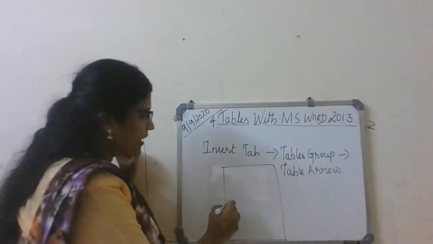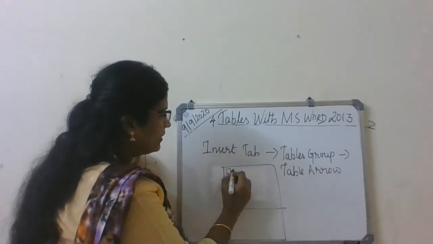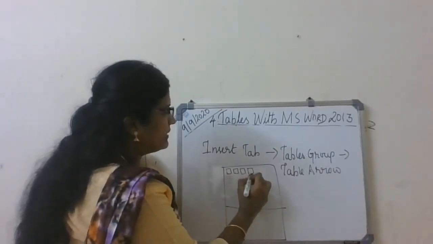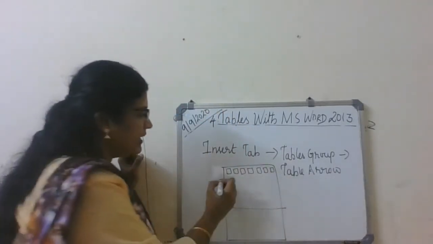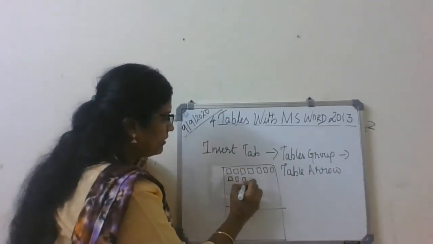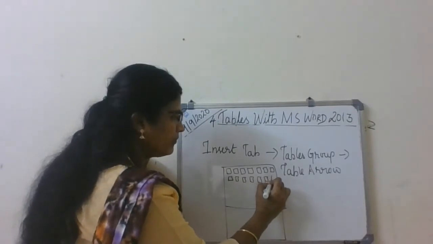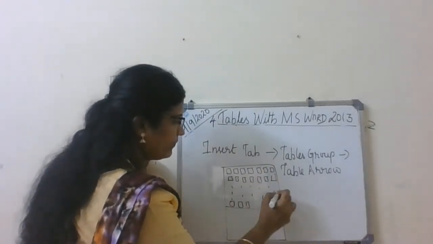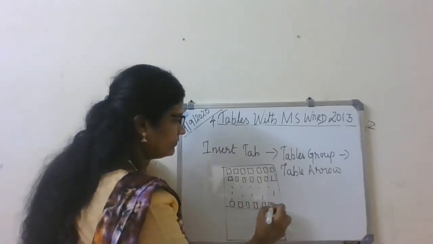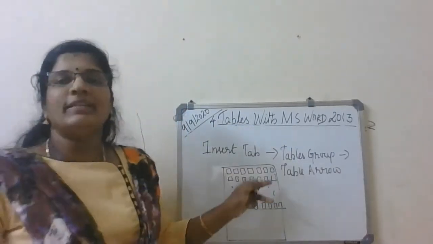First, you can see the grid here. You can see many boxes, a total of 10 columns. We call this a grid.